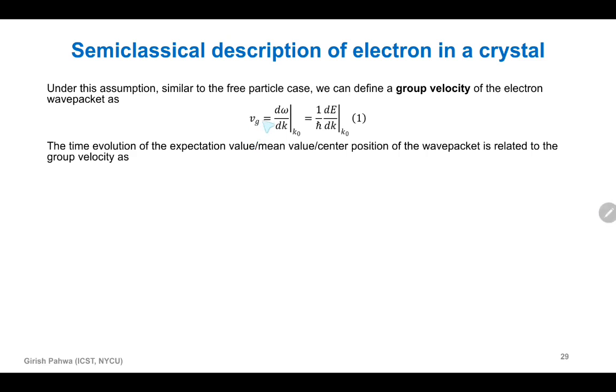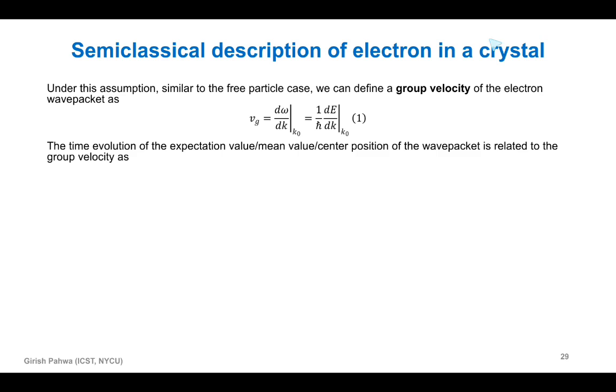Now Vg is related to the mean value of the position of the wave packet. The wave packet does not have a definite position, but we can calculate the expectation value, or the mean value, or we can say the center of the wave packet that is moving. When the wave packet moves, you can just focus on its center.